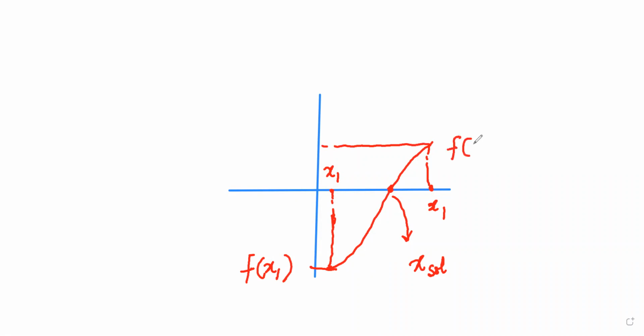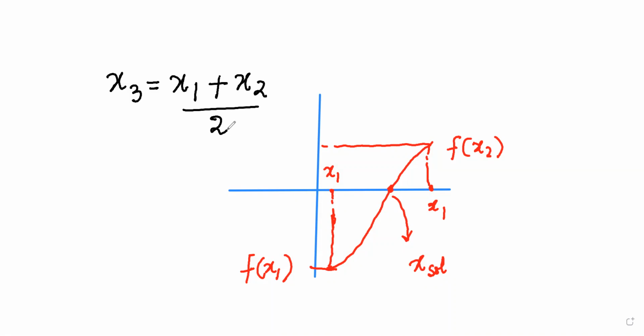This is f of x2. They should have opposite signs. Once we are sure that f of x1 and f of x2 have opposite signs, we take the third value of x, that is x3, which is equal to x1 plus x2 divided by 2.